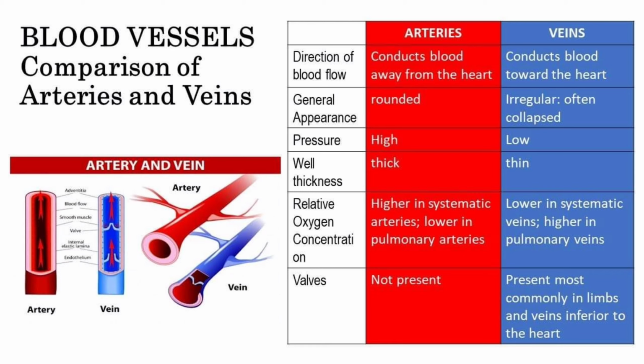Arteries are thick while veins are thin. In relative oxygen concentration, arteries are higher in systemic arteries but lower in pulmonary arteries, while veins are lower in systemic veins but higher in pulmonary veins. There is no valve in arteries but valves are present in veins, most commonly in limbs and inferior to the heart.